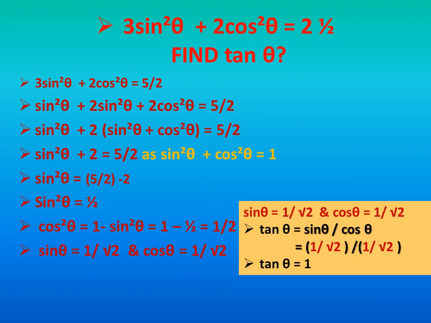From here tan theta is equal to sine theta upon cos theta. We put the value of sine theta 1 upon root 2 by 1 upon root 2. This root 2 and root 2 get cancelled, and tan theta is equal to 1. So from here we get tan theta equals 1.